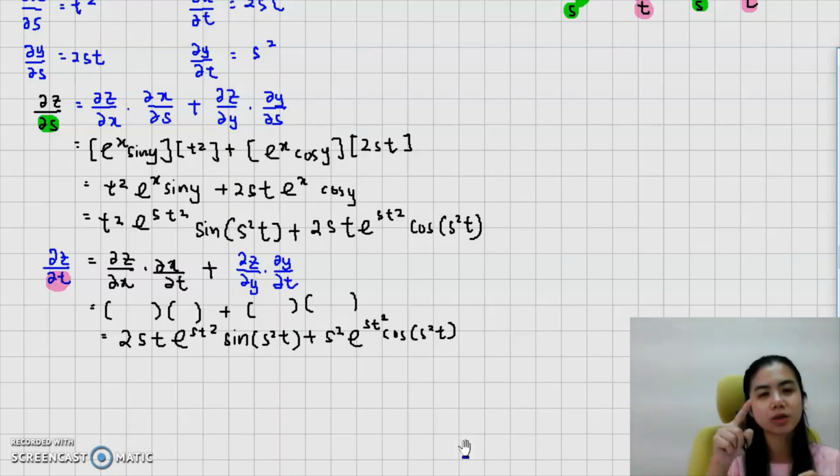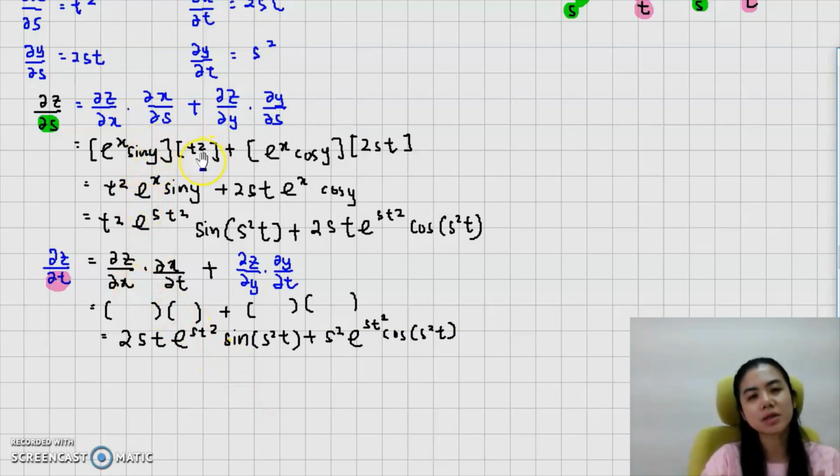Don't forget to substitute the value of x and y into that. After you have substituted, just repeat the same process as what I did just now. You multiply, simplify, and substitute the x value and y value and see whether you're able to get this one.